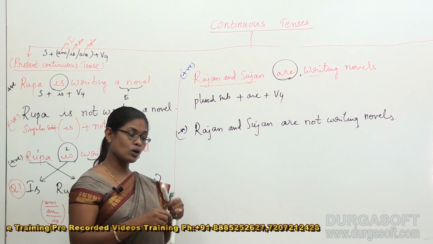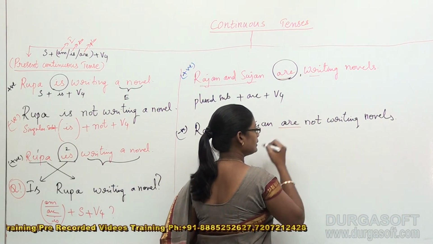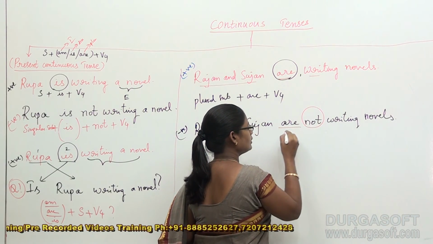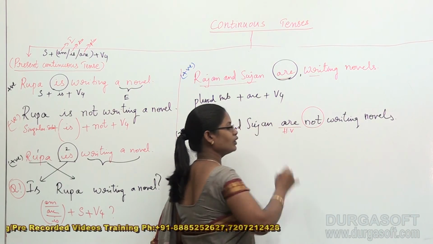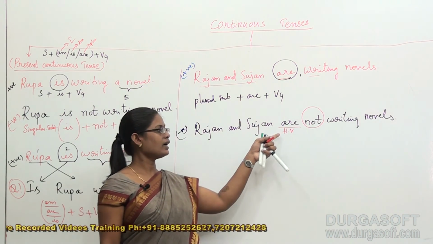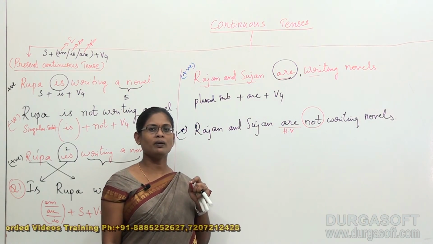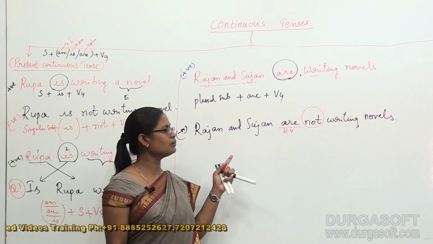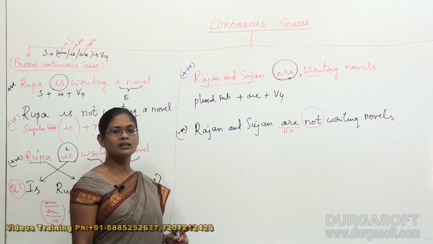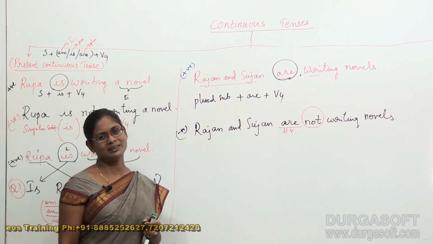Where did we place not here? Exactly, after the helping verb. I have declared are as a helping verb or an auxiliary verb. When you place not beside an auxiliary verb, automatically the positive sentence gets converted into a negative sentence.